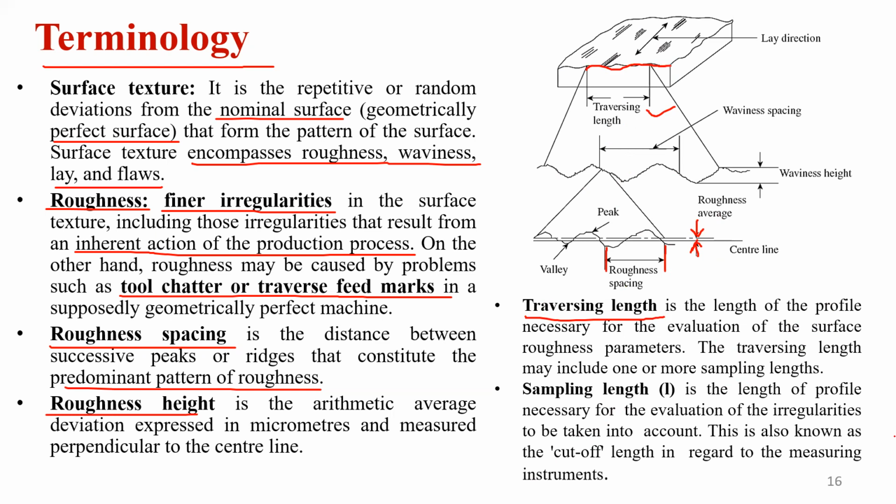The traversing length may include one or more sampling lengths. And what is sampling length? Sampling length is the length of the profile necessary for the evaluation of the irregularities to be taken into account. How many irregularities we are considering in the length of the profile, that is called the sampling length. It is also called the cutoff length.